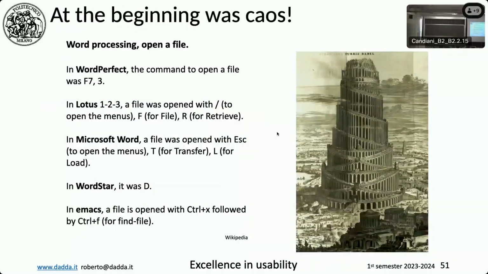If you go back to that time, to open a file, every system had a different command. Nowadays, you go on top, file, open, and in 99.9% of situations, we will open the file. This is a great example of order. Doing things the same way is done every time.